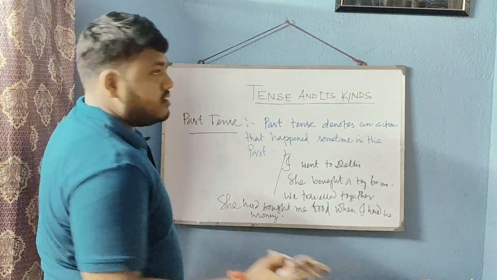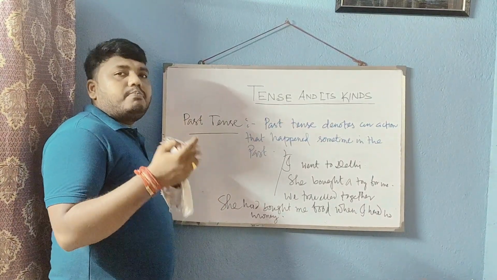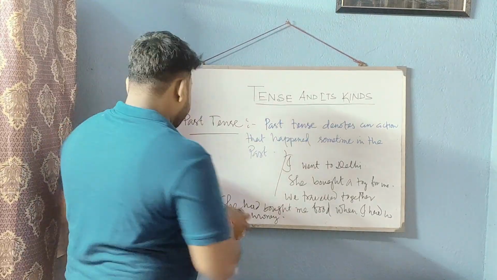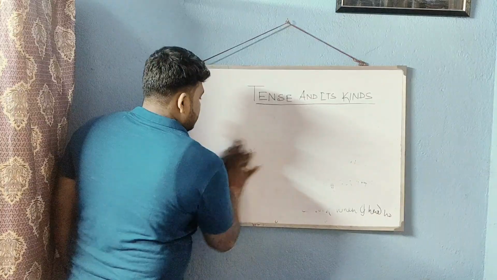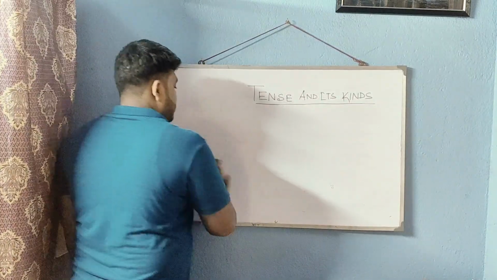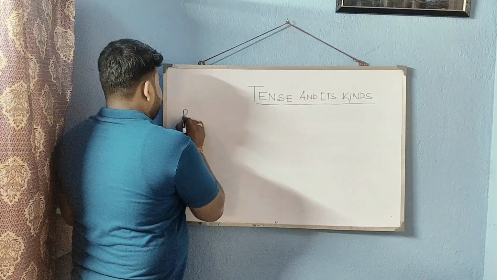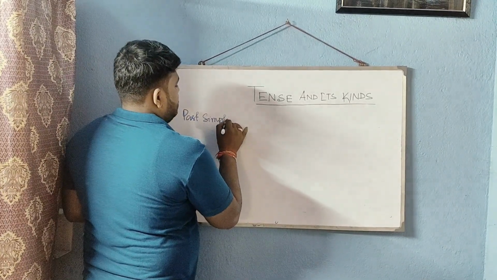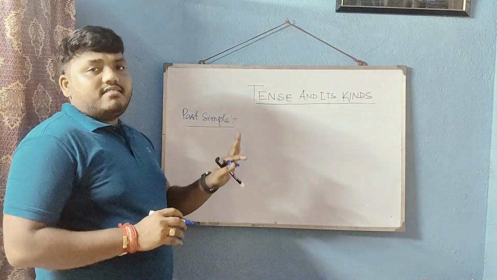Now we will learn its kinds, four kinds: past indefinite or past simple, past continuous, past perfect, and past perfect continuous. So, past simple. An action that happened in the past is called past simple.